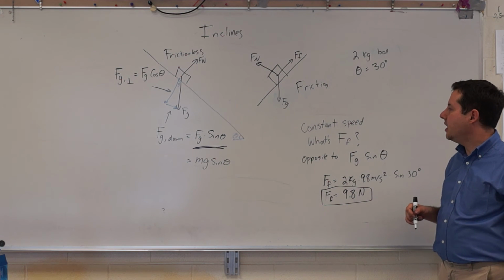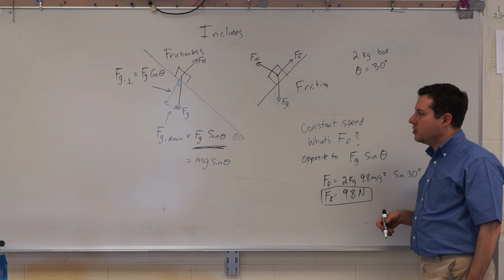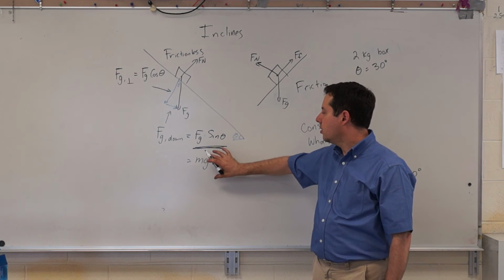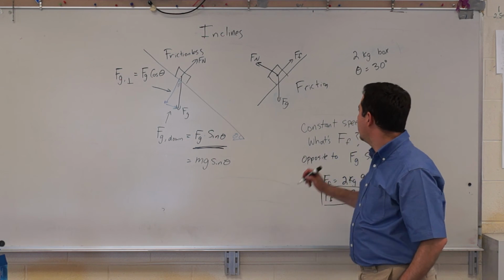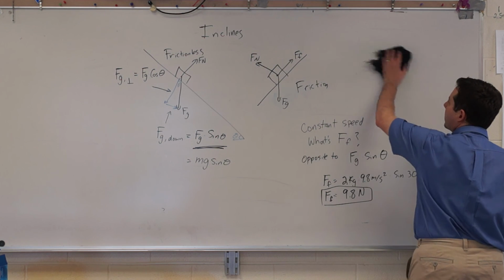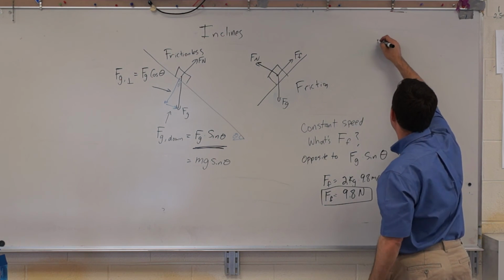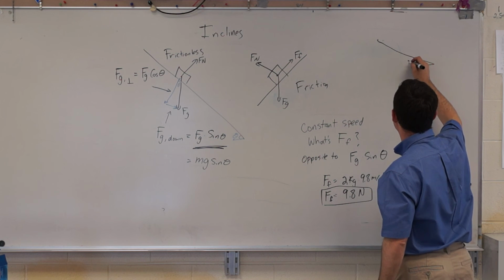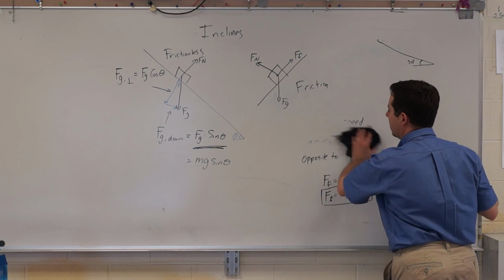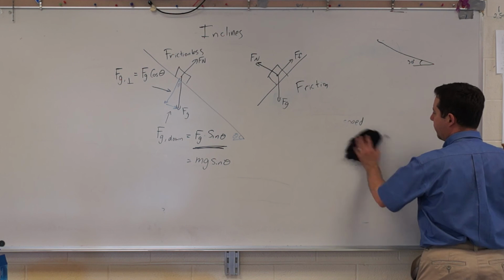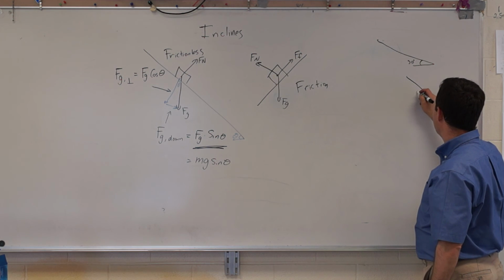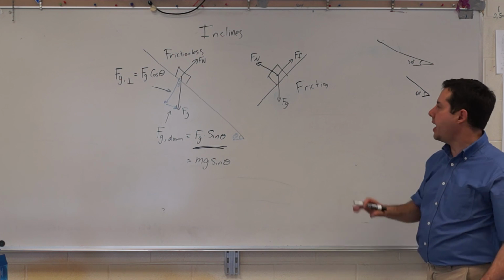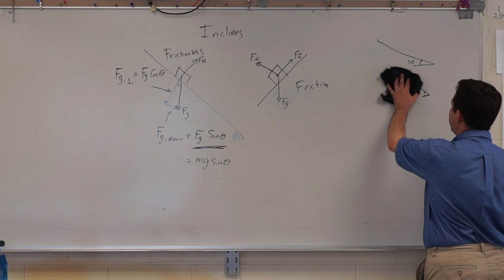One last thing to keep in mind, if you get confused and you cannot remember whether you should deal with sine or cosine, think about it this way, right? 30 degrees is a kind of small angle. You should have a lot less force going down than you would if it was a 60-degree angle. So in a 60-degree angle, you're going to have more force pulling you down the incline.